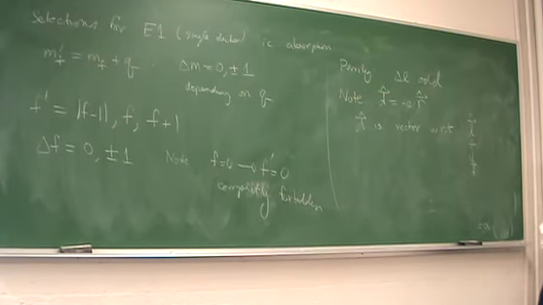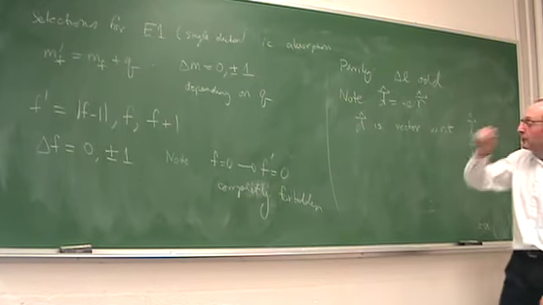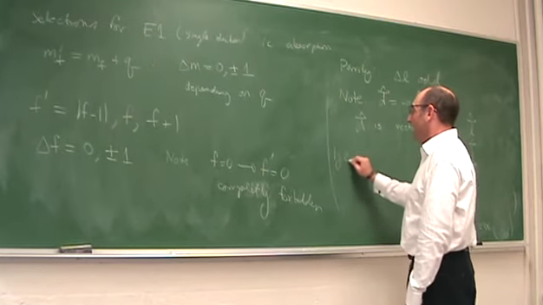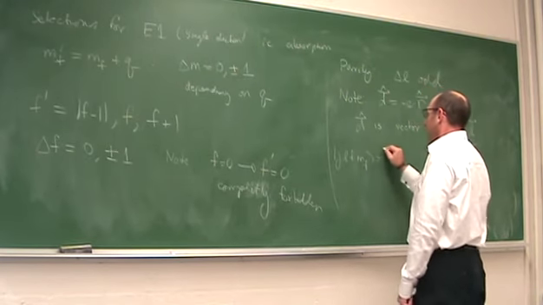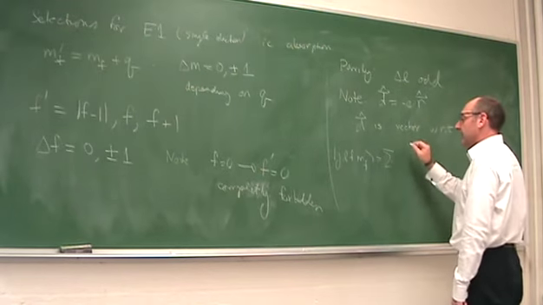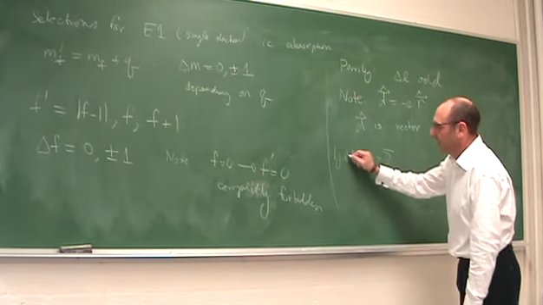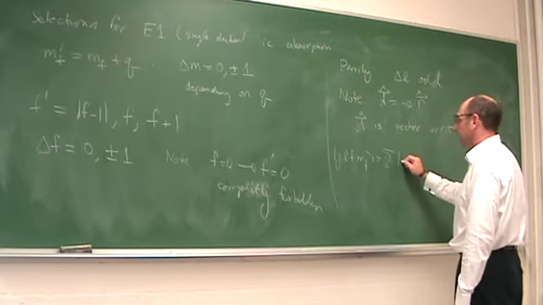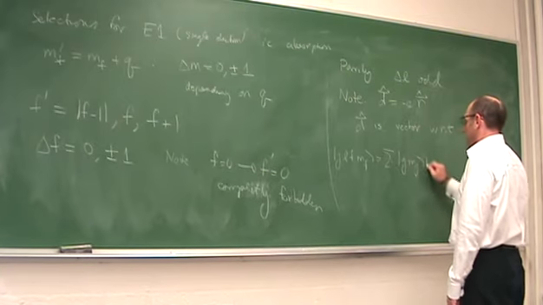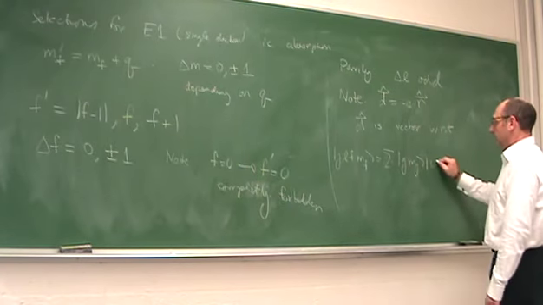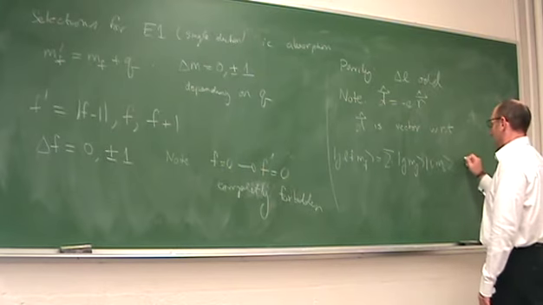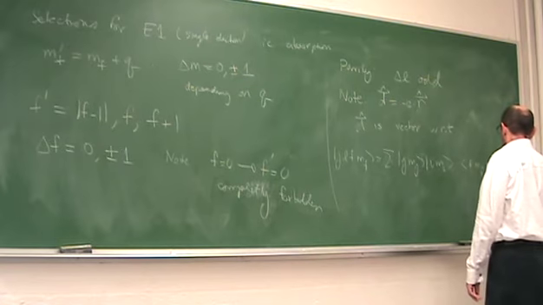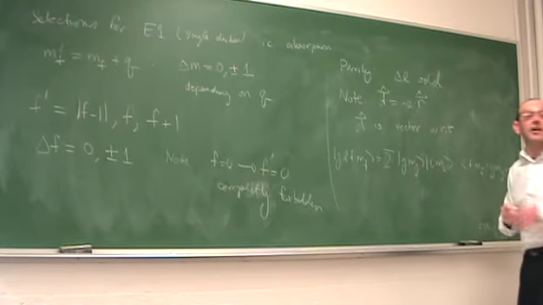But it's also a good quantum number with respect to J, which means that if I were to write my state J, L, F, M sub F, there's also an I and an S in here, but those are fixed, I can write it in terms of the uncoupled basis.